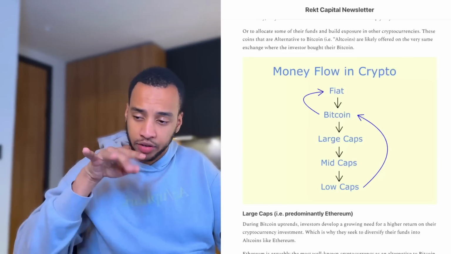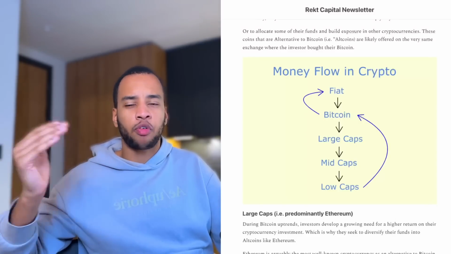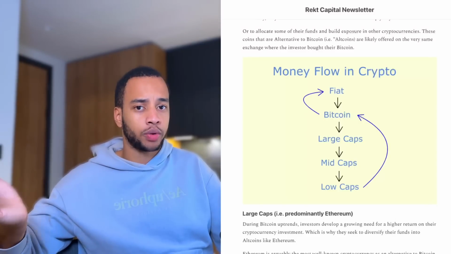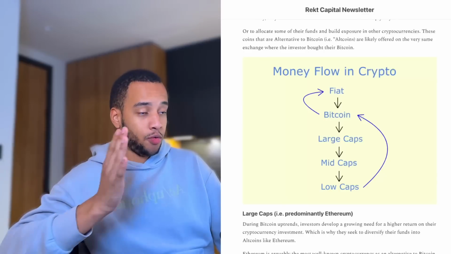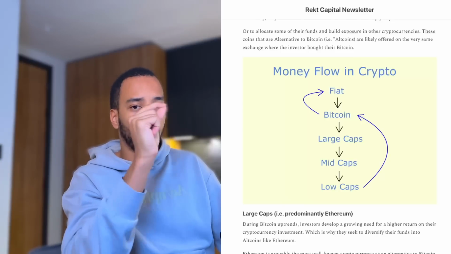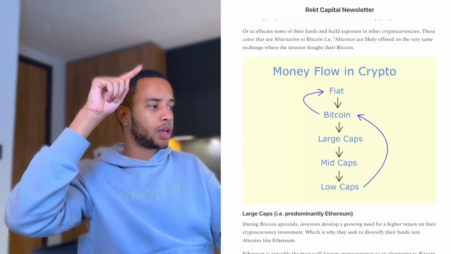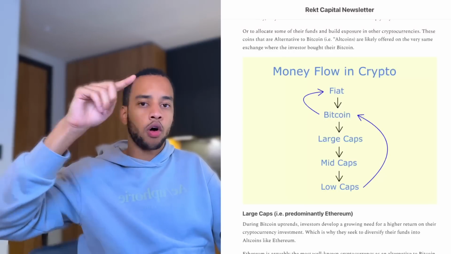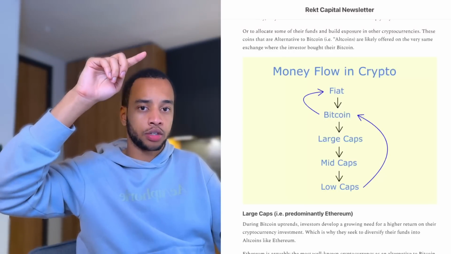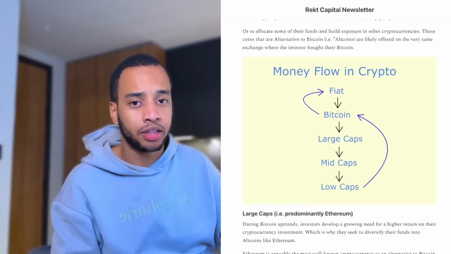They can start developing out, and they kind of go down the ladder of lower caps with more profit potential, but also consequently more risk. However, whenever the profit moment comes, usually these people don't sell for one tier upwards. No, they sell everything back into Bitcoin. And then that Bitcoin, to some degree, also gets flown back into euros and dollars, just back into fiat currencies as people exit the crypto market.